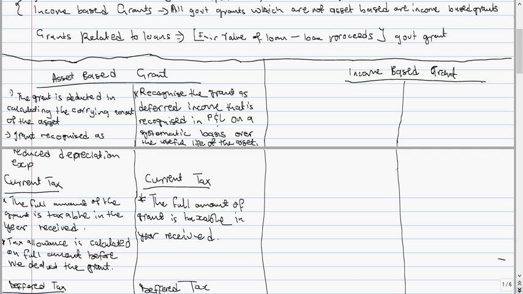Now let's turn on to income-based grants. So income-based grants can be recognized as follows.